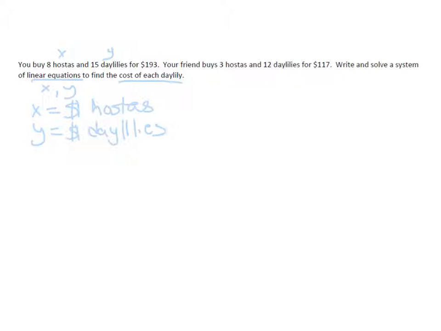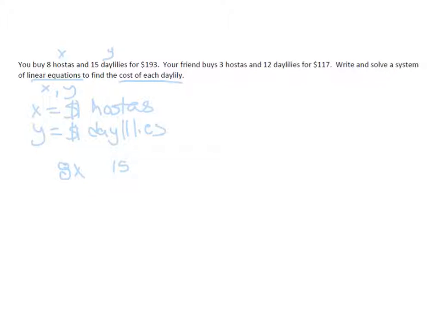So now I have 2 equations. So first, you buy 8 hostas and 15 daylilies. Do I know the cost of the 8 hostas I bought? No, I don't. So I can call that 8x because I have 8 hostas times the price of each. I also bought 15 daylilies.